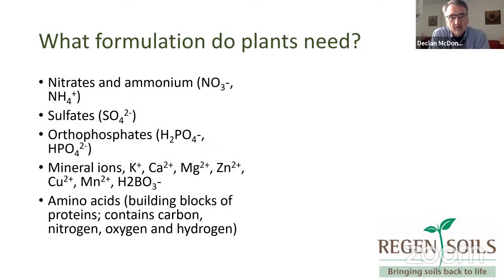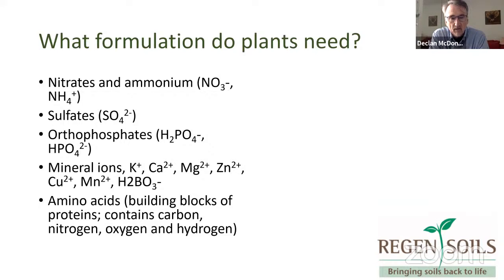So when we think about the formulations that plants need, in other words, we throw on a bag of super, how does that get into a plant? How does that influence plant growth? Well, there's certain formulations that plants require to be able to take these elements up.